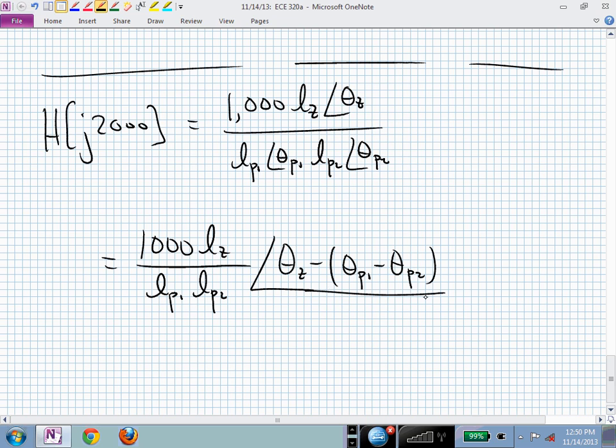We have all of the angles in the numerator and we subtract all of the angles in the denominator.